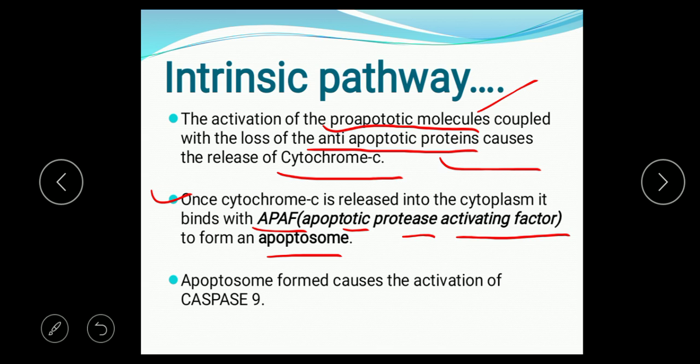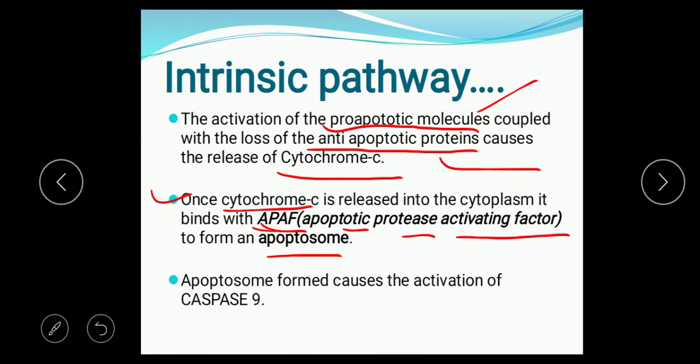Apoptosome is a very important complex for activation of further caspases. It is a complex formed by the accumulation of many proteins and molecules like cytochrome C, APAF-1.